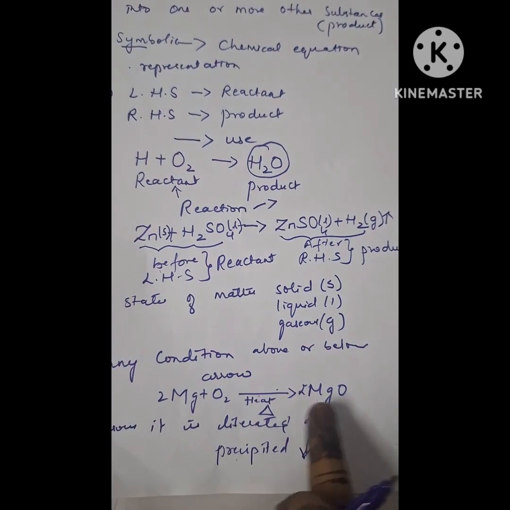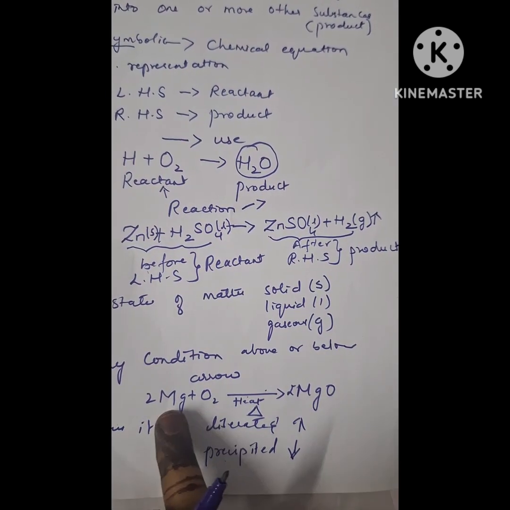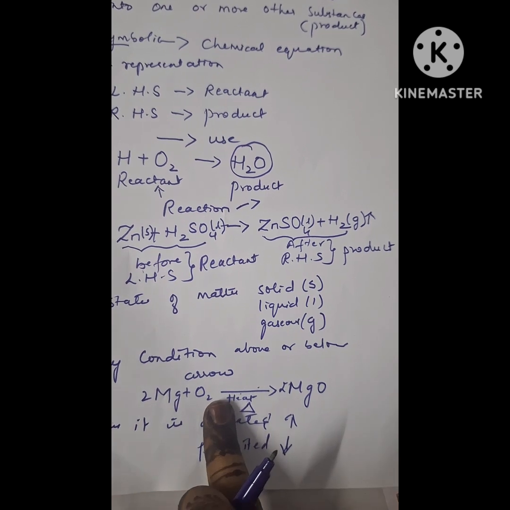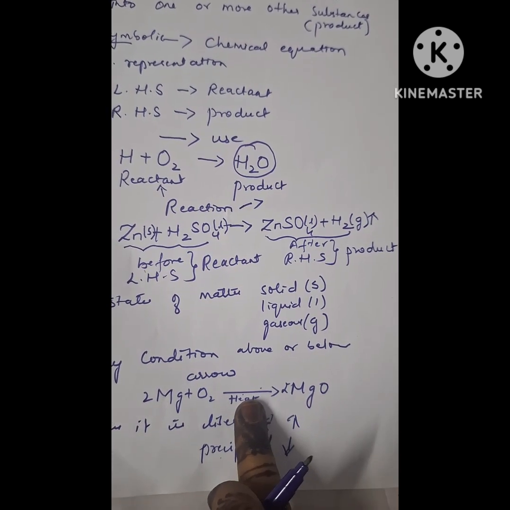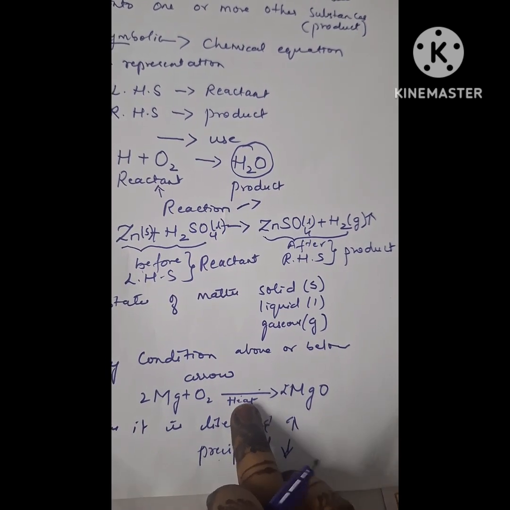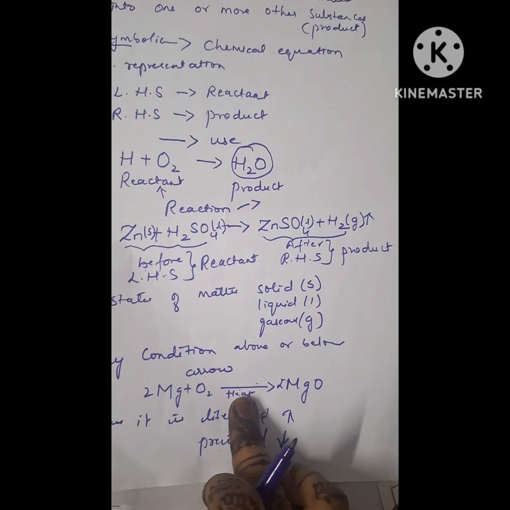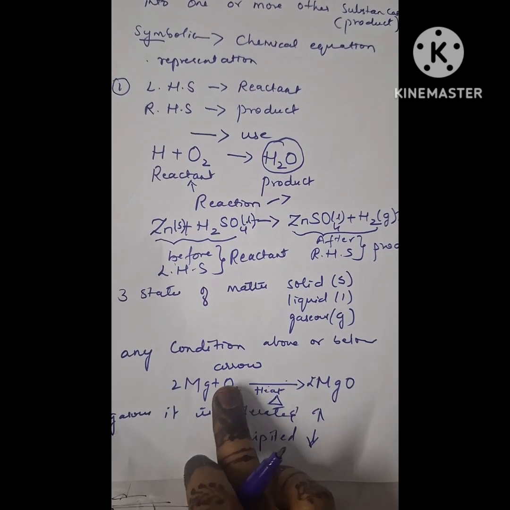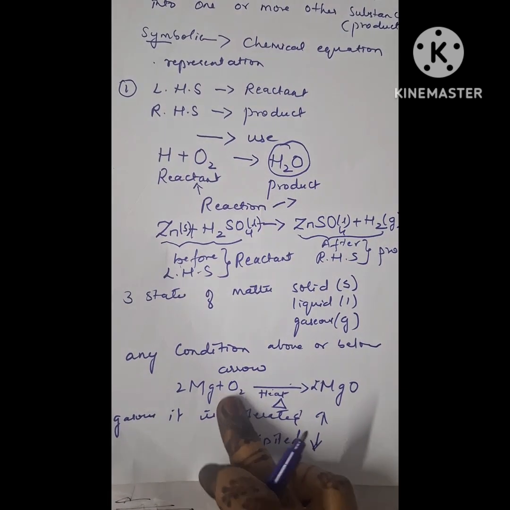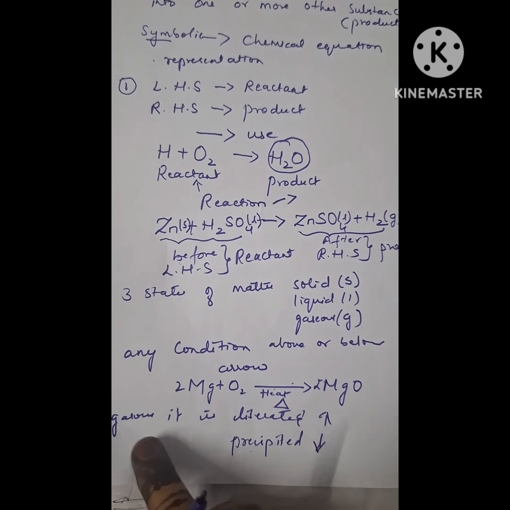Like I have used a simple equation where magnesium ribbon reacts with oxygen to give magnesium oxide when you heat it. So heat is a condition, otherwise it reacts but very slowly, and you don't find much visible product.